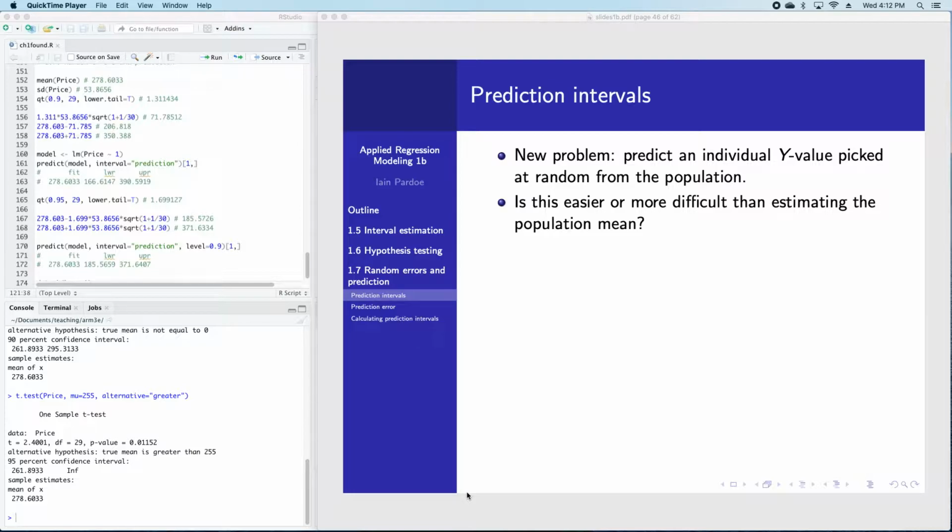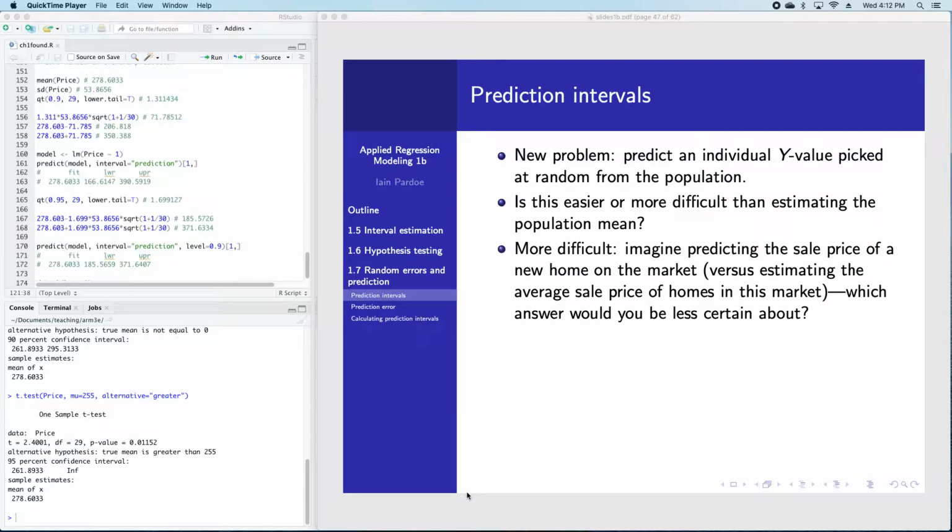Some are quite inexpensive and some are very expensive. Whereas if I'm estimating a population mean, that's a slightly easier problem. I can look at a housing market and say, well, the average house price in this housing market is $300,000. So it's more difficult to predict than it is to estimate a mean.